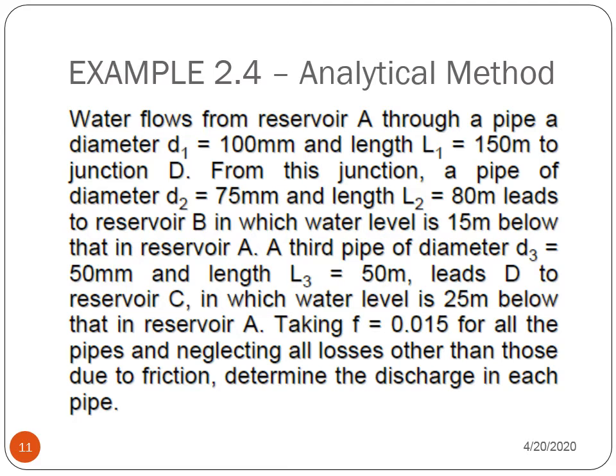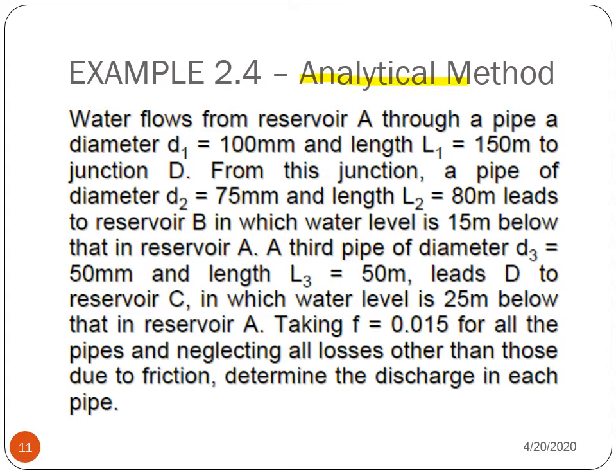Example 2.4. This is an example regarding branching of pipes, and the method to solve for Q is by using the analytical method.